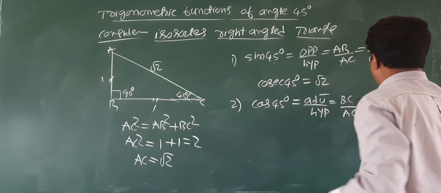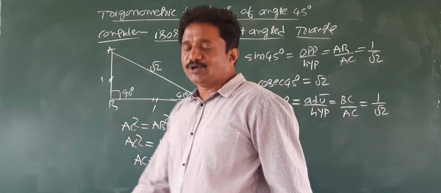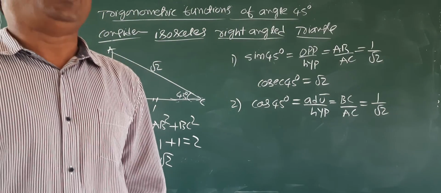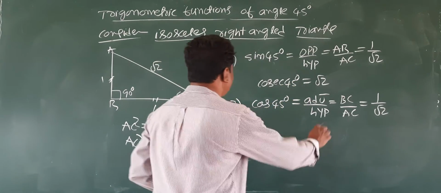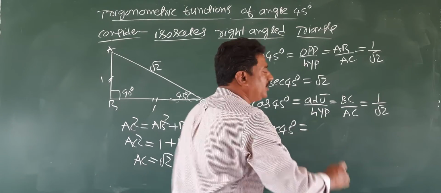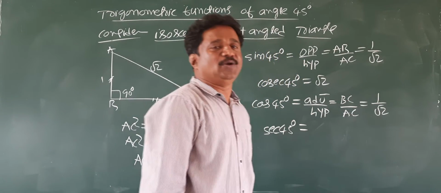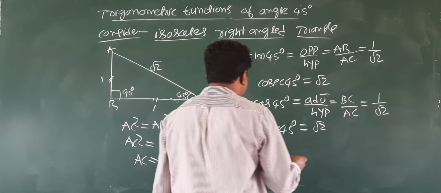BC length is 1, AC length is root 2. So 1 by root 2. Cos 45 degree is 1 by root 2. Reciprocal of cos is secant 45 degree. Reciprocal of 1 by root 2 is root 2 by 1, so it is root 2.